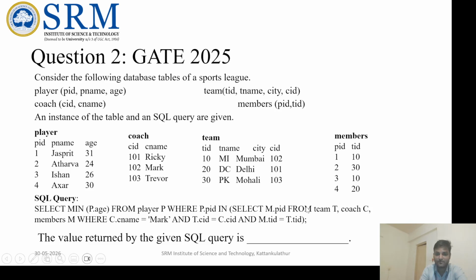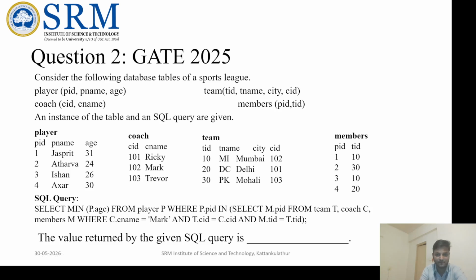Now we have to select M.PID from M, which is the members table. For team ID 10, two team members are there. One has PID 1 and another has PID 3. So two PIDs are selected, and the IN function will check whether the result is within this set or not.